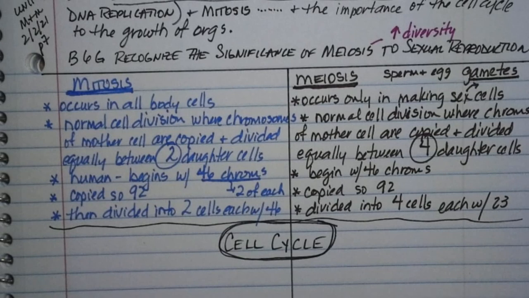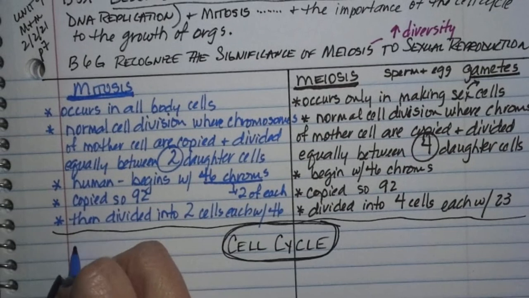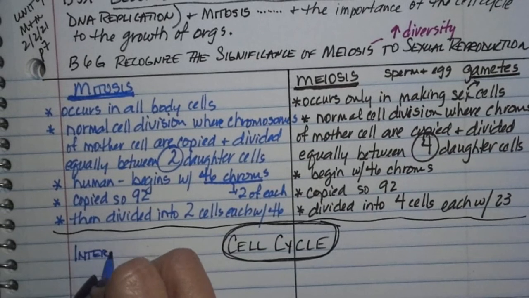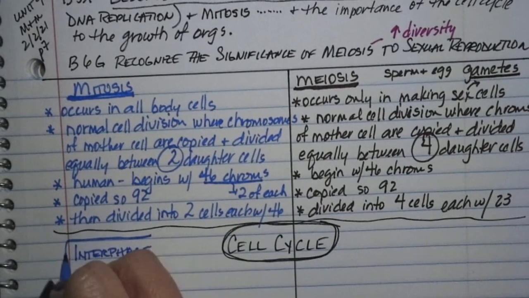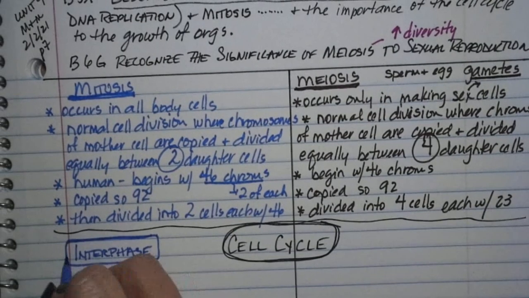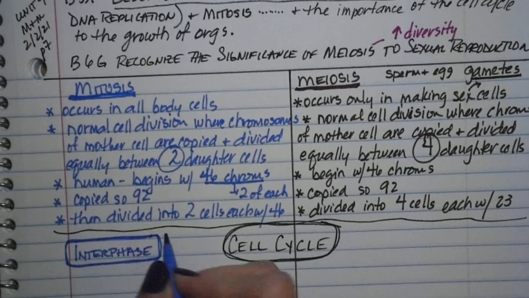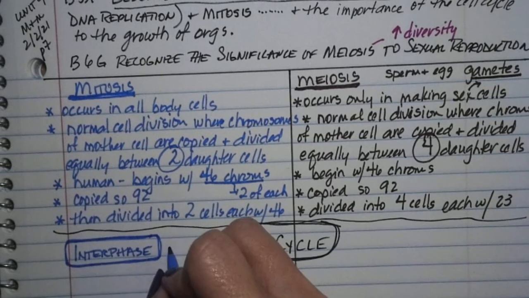Okay, so the first phase is interphase. I'm going to put a box around this one, so all of them with boxes around them will be the phases of mitosis. In interphase, that prefix inter means between. I'm telling you basically how they came up with the names for these things.